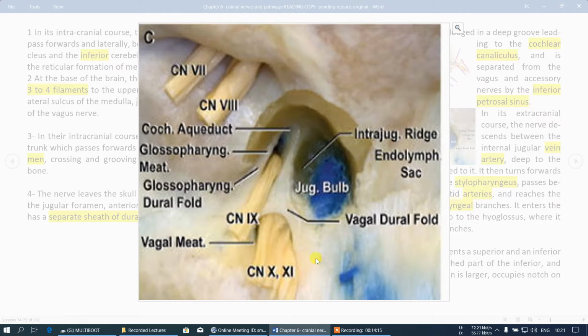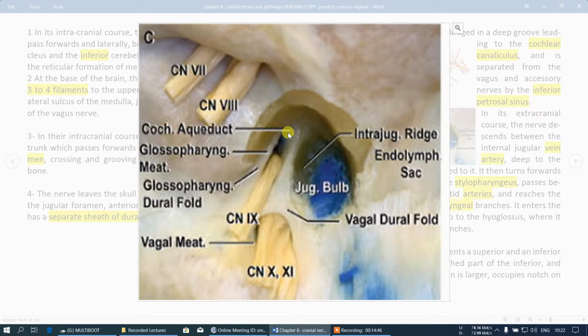We are viewing this from the cranial side, that is, from the superior side of the posterior cranial fossa. This glossopharyngeal nerve is related to the cochlear aqueduct. This area is known as the cochlear canaliculus, which is connected to the cochlear aqueduct, and it communicates with the internal ear cavity.